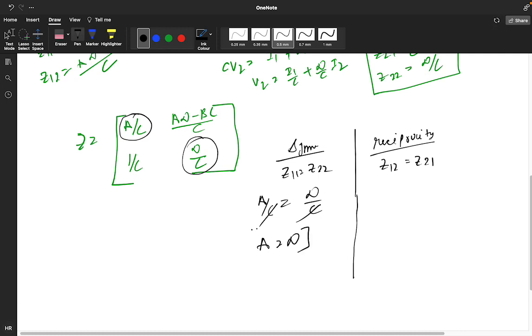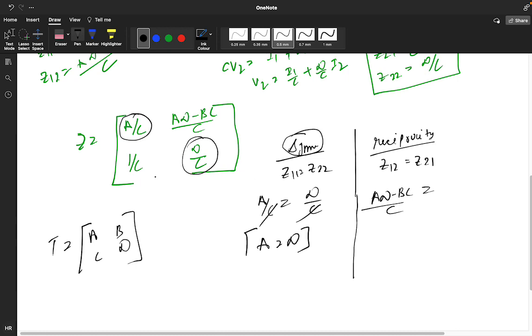If your A is equal to D, meaning you have a transmission parameter A, B, C, D, and A is equal to D, then the network is symmetric. Same thing you have to do for Z12. What is the value of Z12? AD minus BC upon C. And what is the value of Z21?